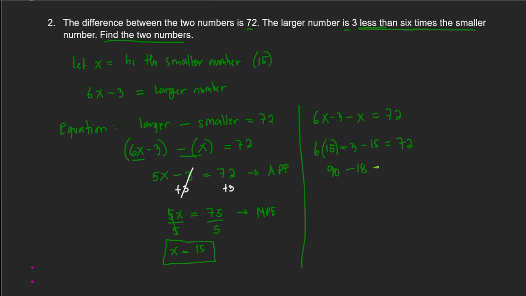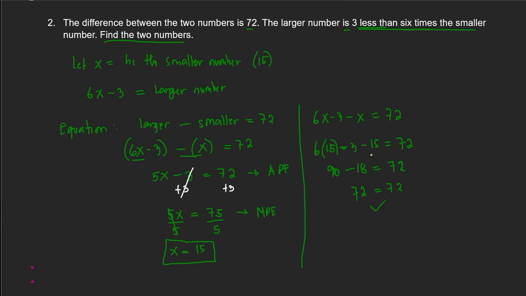By the way, pag makita mo na same sign like negative and negative, what you are going to do is just add the number. Then if they have a different sign, meaning positive and negative, you subtract the number. Now this time, continue. 90 minus 18, that is equal to 72, and it is also equal to 72. So therefore, our solution is correct.